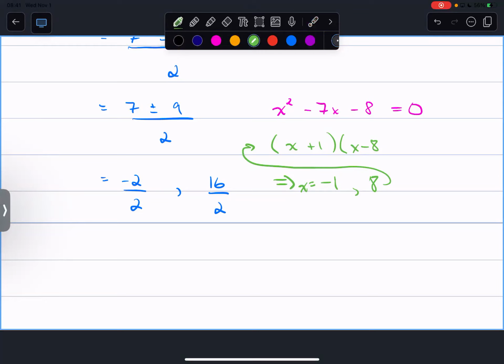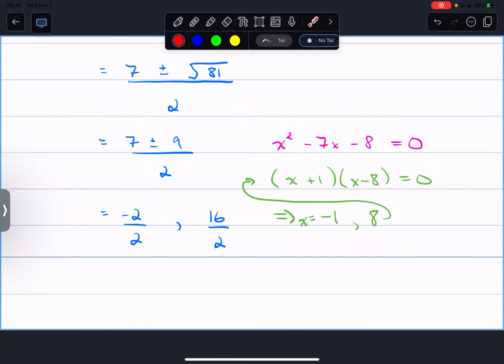So now I've rewritten x squared minus 7x minus 8 as x plus 1 times x minus 8. And now it's easier to see from the factored form that x equals -1 and x equals 8 are not in my domain anymore.